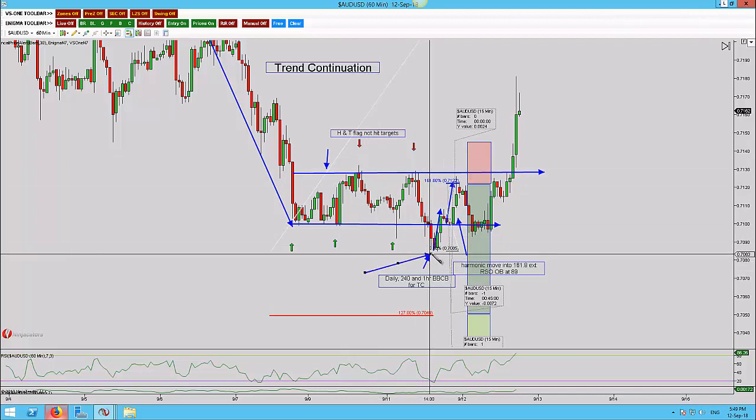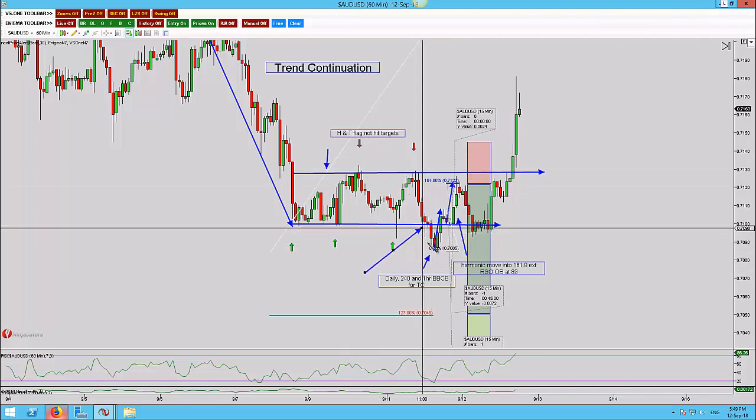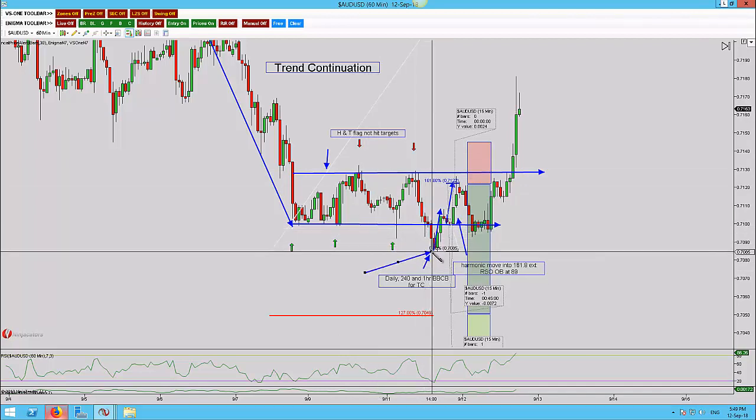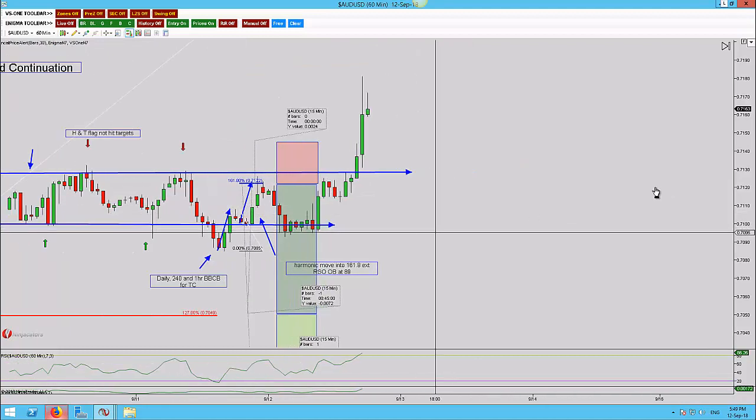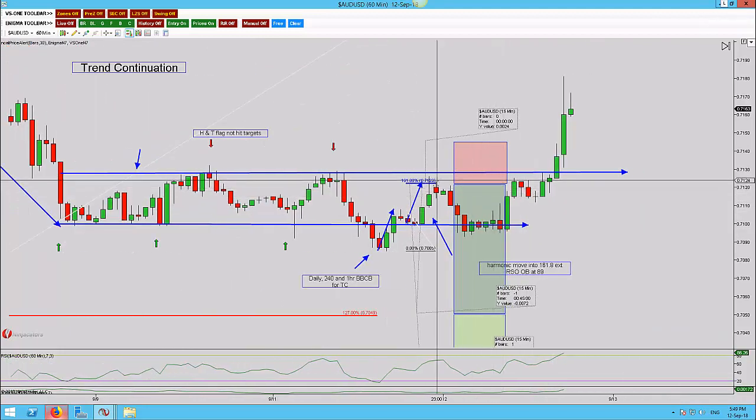We had confirmation here on the hourly in terms of a break below, close below, and then, if you can just see these arrows on the 15-minute time frame, we had a harmonic move coming in at a 1618 extension, and we went overbought at 89. So you can see I literally aggressively sold it here.